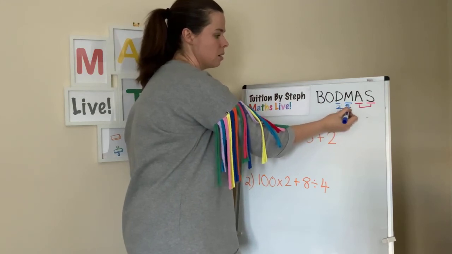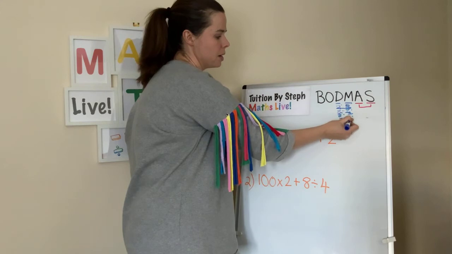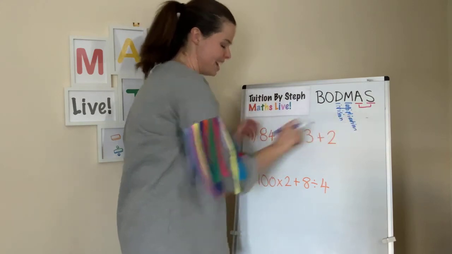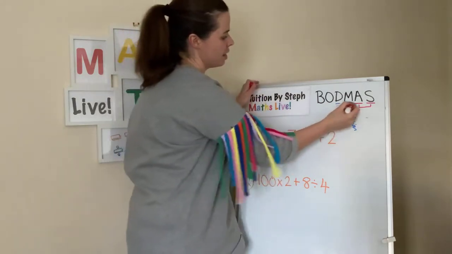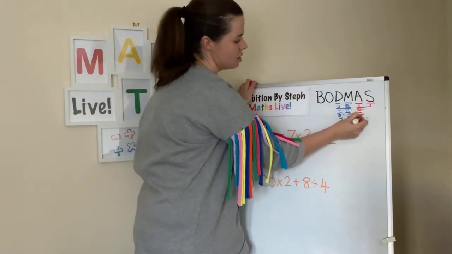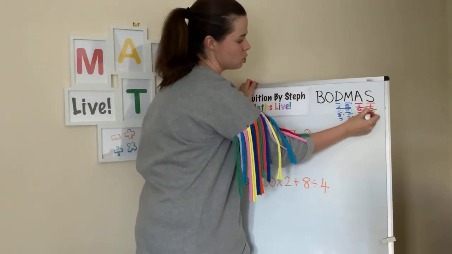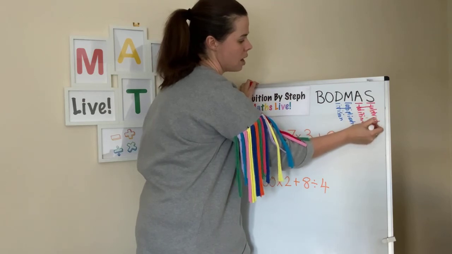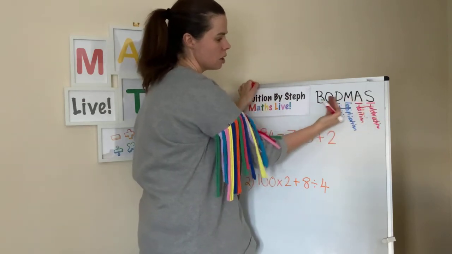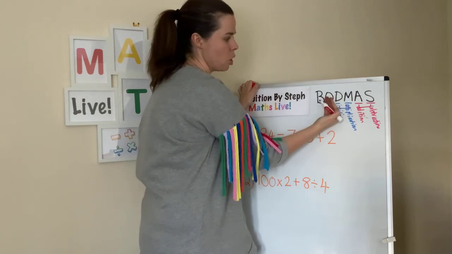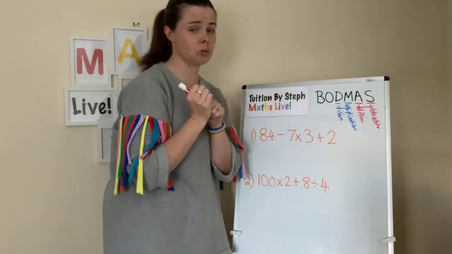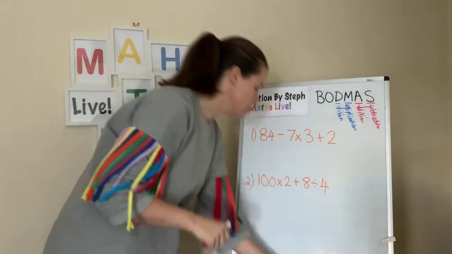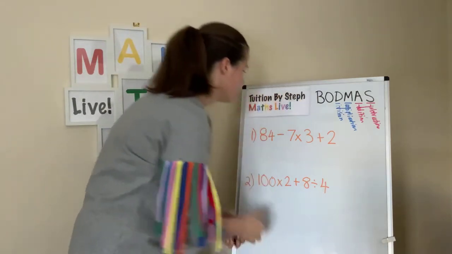This means multiplication. This means addition, and this means subtraction. Because the D and the M come before the A and the S, they are more important. So poor addition and subtraction are right at the bottom of the calculation scale.